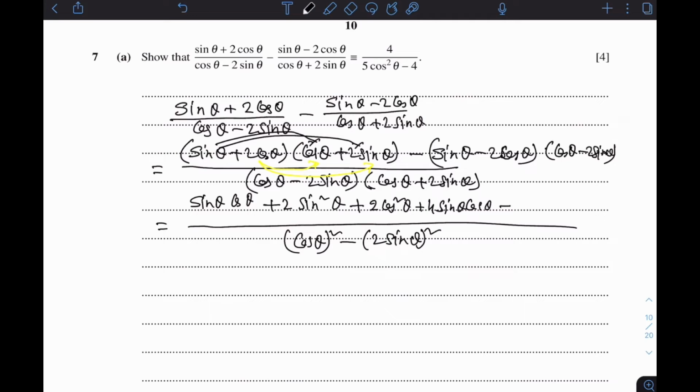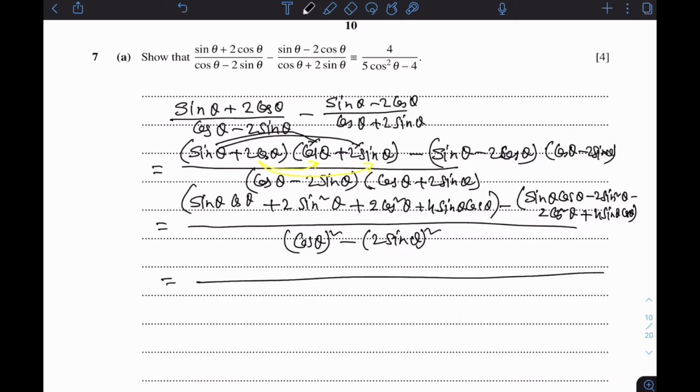Similarly, if we multiply these two, sin θ cos θ − 2 sin² θ, then −2 cos² θ, plus 4 sin θ cos θ.